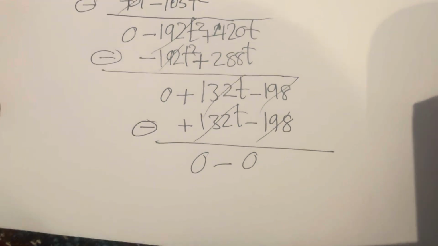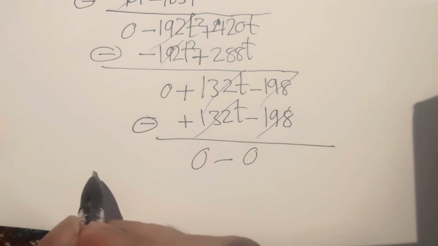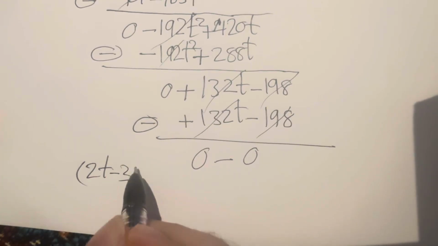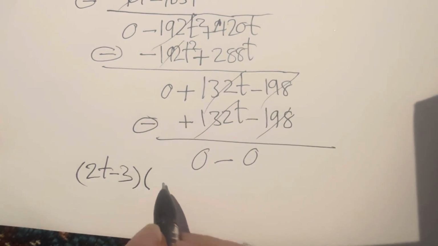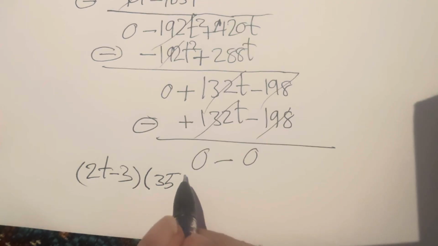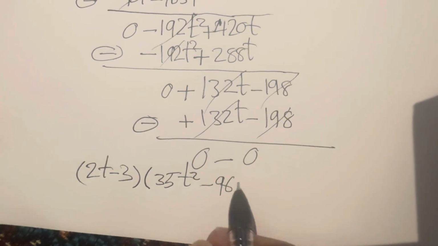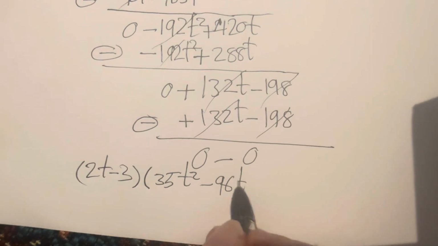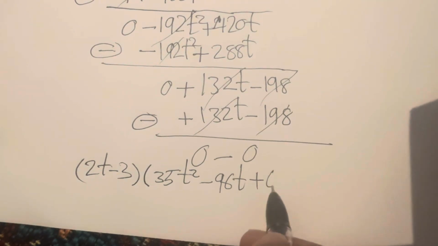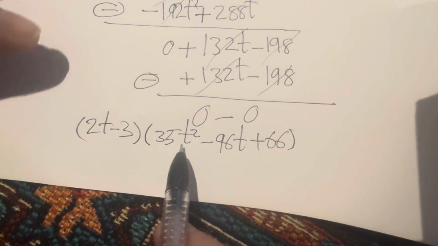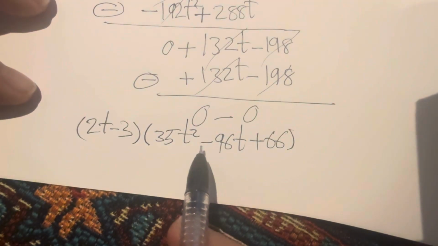So what we are going to do next, so we have the bracket 2t minus 3 and the bracket 35t squared minus 96t plus 66. We got a quadratic for the second equation.